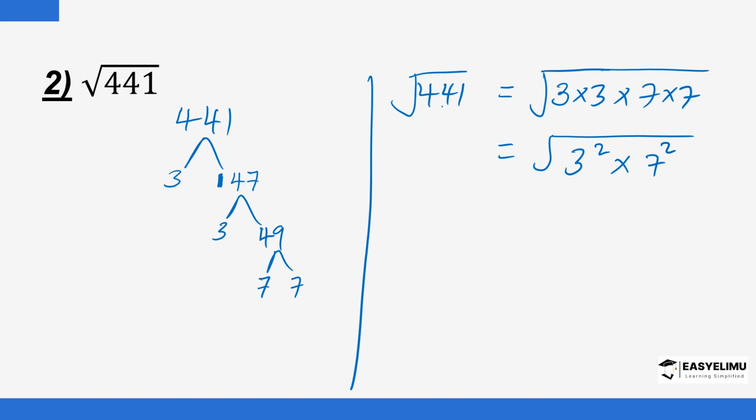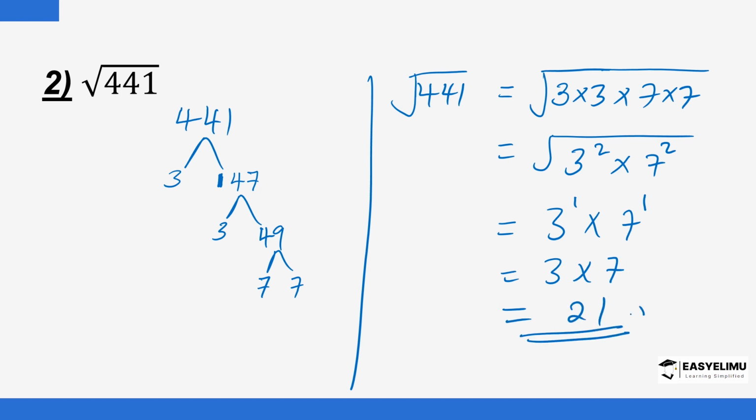So we have expressed the number 441 as a product of prime factors, and finally in power form. We simply divide the powers here by 2 so that we have 3 power 1, 7 power 1. So 3 power 1 is just 3 and 7 power 1 is just 7. So the answer here is 21.